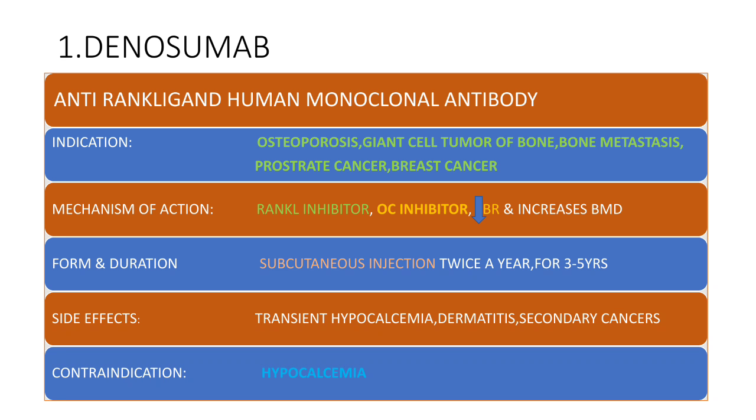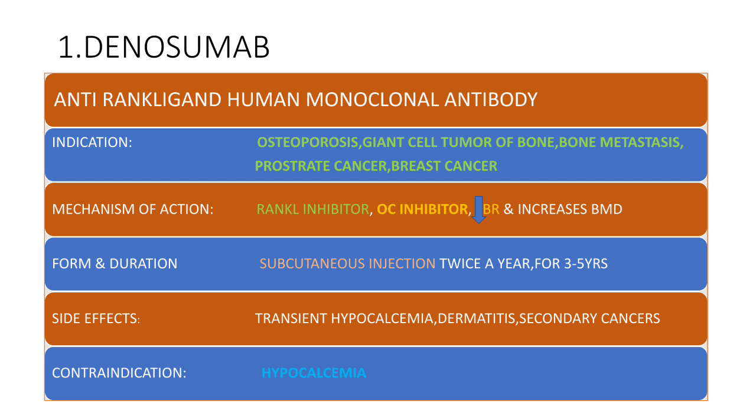Side effects include transient hypocalcemia, particularly if there is vitamin D deficiency, and blisters of skin at the site of injection, red, dry, itchy skin, muscle pains, joint pains, pancreatitis, dermatitis.